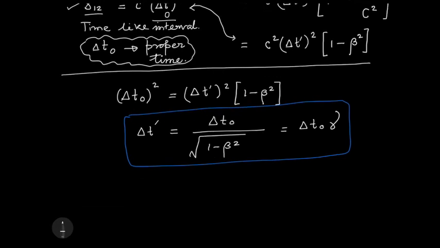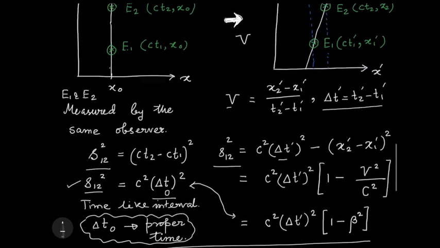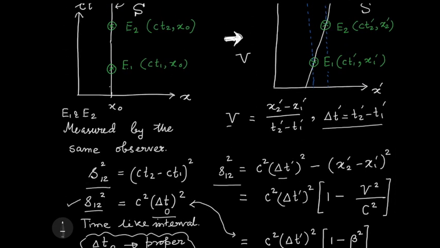Okay. So what is it telling you? I know the value of the interval, so I know the value of delta t0. That is essentially the time taken between two events where these two events happen at the same position. So if you wish, this is, say, the birth and the death of me, then I have to be still all the time. With respect to me, I am always still.